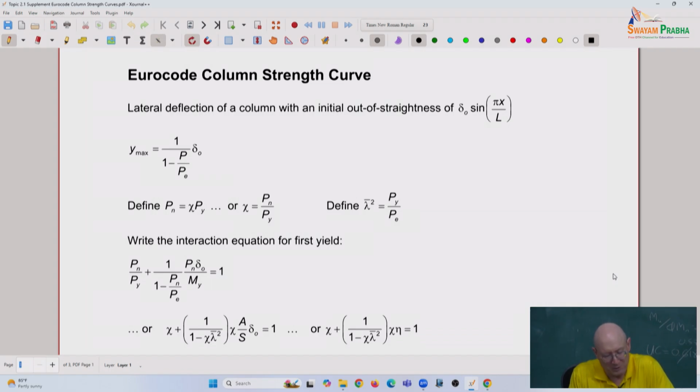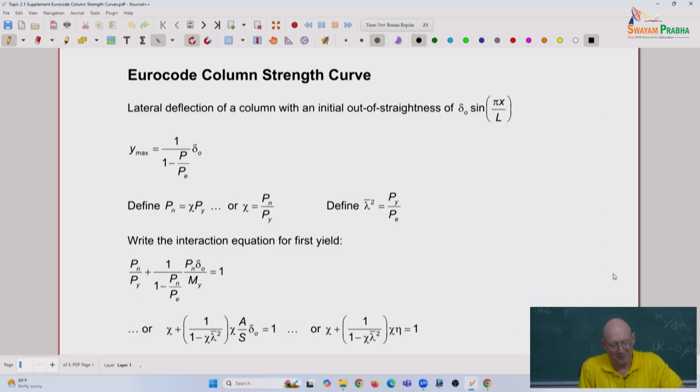So now let's consider writing an equation for when the axial force and the bending moment in an ideal column that has this out-of-straightness, with no residual stress, reach first yield. The level of axial load in this pinned column, concentrically loaded at the ends, is loaded up until we get to a column strength.